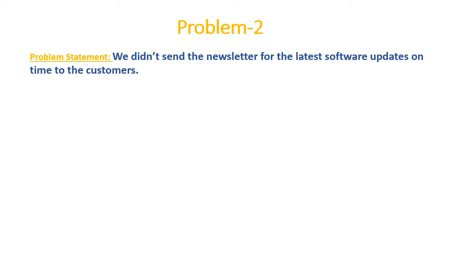It is a periodic activity, normally happening every month or every quarter, and there is a deadline within which the newsletter should go to the customer. But in one particular case, the newsletter was not sent to the customer. Now we need to know what the root cause of this problem is.